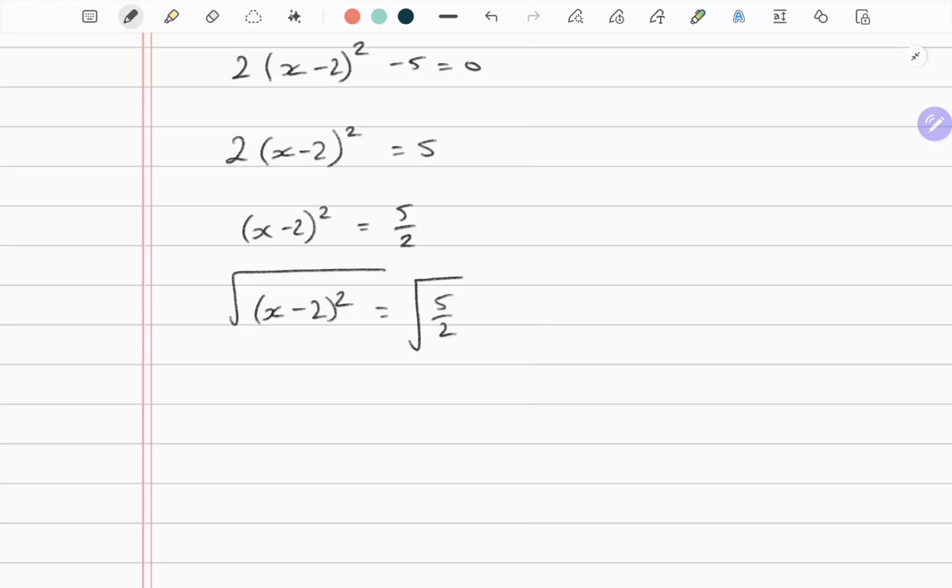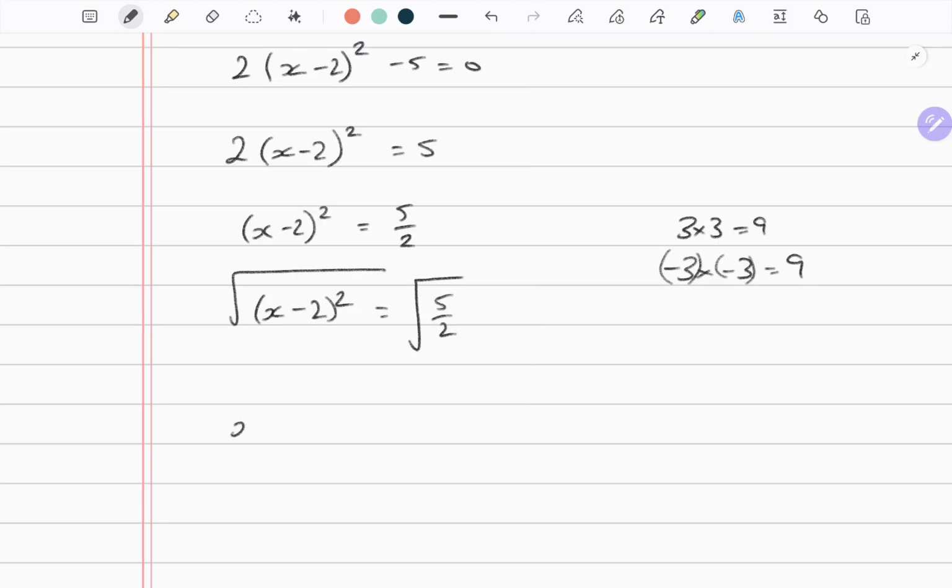For example, 3 multiplied by 3 is equal to 9, so the square root of 9 is 3. But it could also be minus 3, because minus 3 multiplied by minus 3 is equal to 9 also. So the square root of 9 could be plus or minus 3.